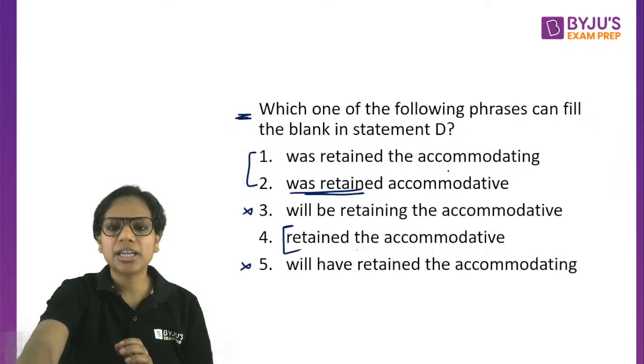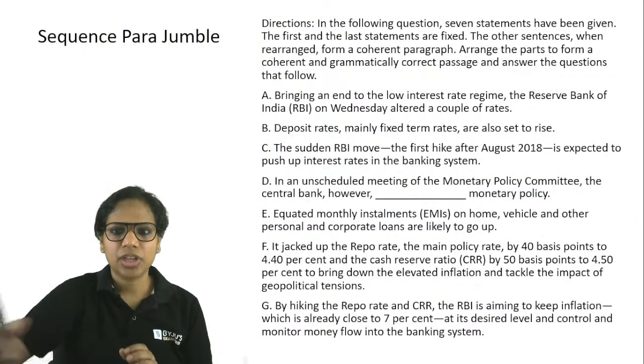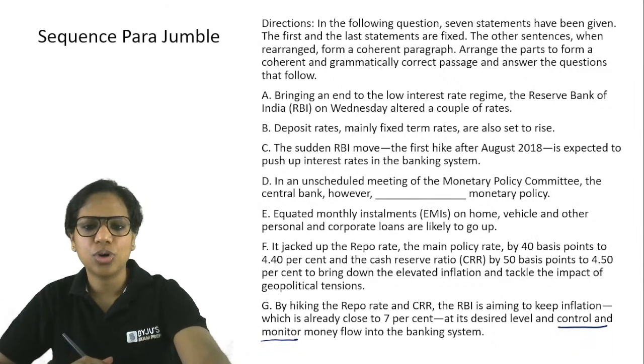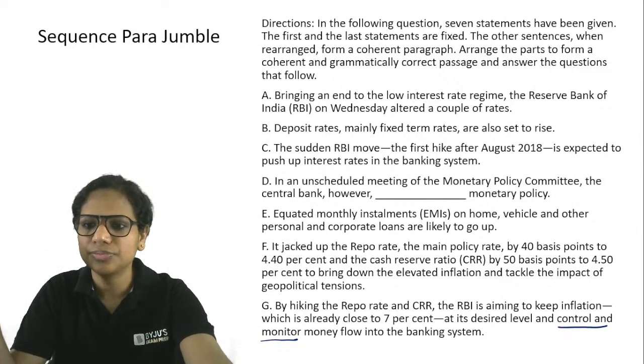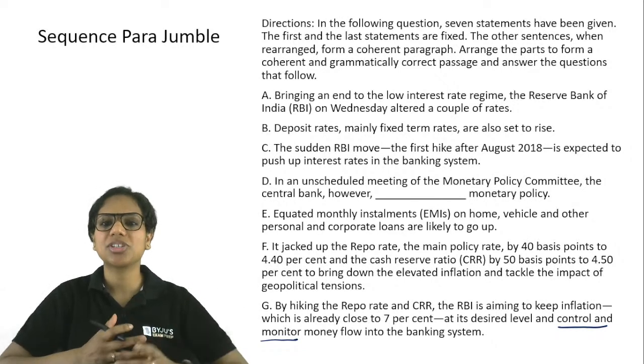So let's go back and read G. Control and monitor is the highlighted part. You have to figure out what is the error, if there's any. So this is like your RC passage set, because it again has 7 questions after it, right?